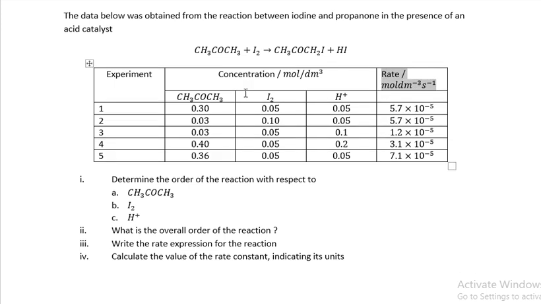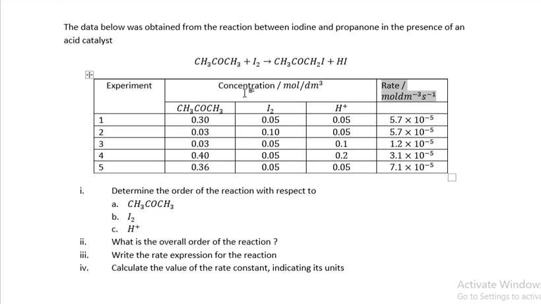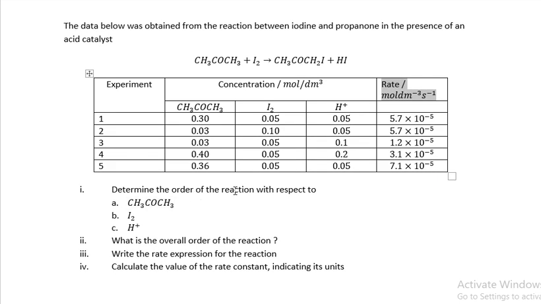The first question is asking us to determine the order of the reaction with respect to our 3 reactants. We cannot see the acid catalyst in the reaction, but we see its concentration because it's a reaction condition. H plus here is just for the acid.